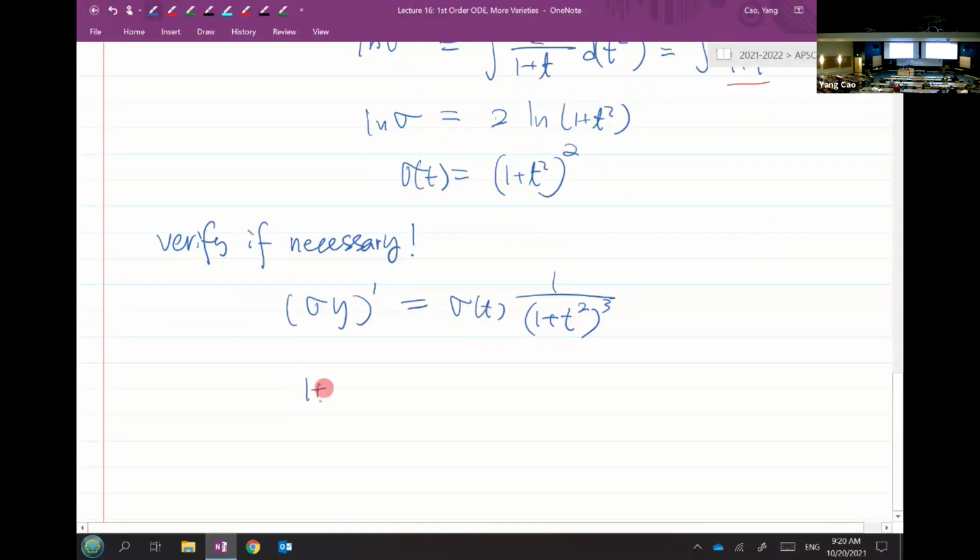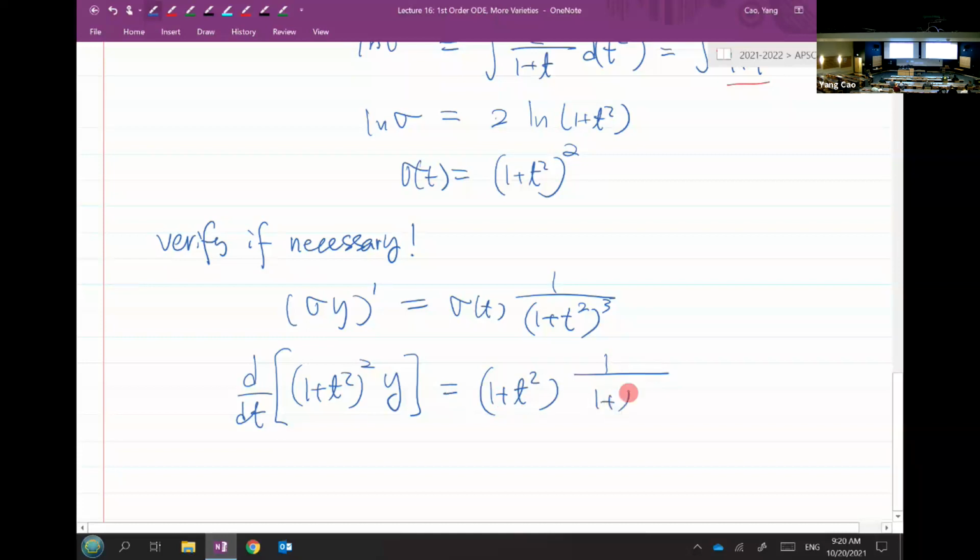So 1 plus t squared, squared, times y, and I'll write this in terms of d over dt. This is 1 plus t squared, squared, times 1 over this. So you can cancel part of this term in here, which you get 1 over 1 plus t squared.